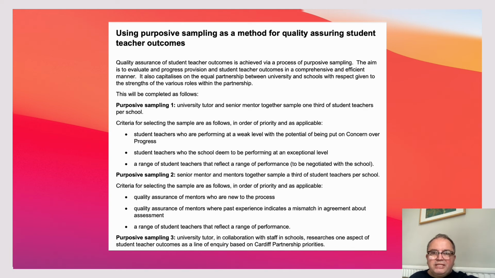As you can see from this slide, one third of students are sampled by the university link tutor and senior mentor to ensure they both agree upon what constitutes aware and capable. The same process then happens with senior mentors and mentors. And finally, the university selects standards to sample across the board to make sure you're having as parallel an experience to students in other schools as possible.